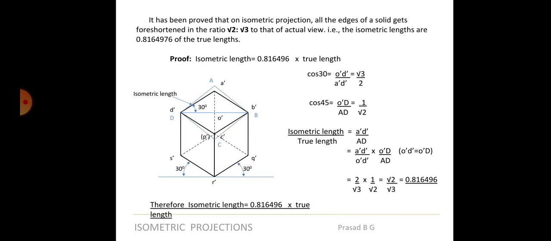If I draw a line at 45 degrees, that is A to D, capital A and capital D, from the same point D dash, but instead of drawing at an angle of 30 degrees I draw at 45 degrees, the same object with the actual length, then that is AD, and I can take cos 45 as O dash capital D divided by AD. So cos 45 is 1 by root 2.